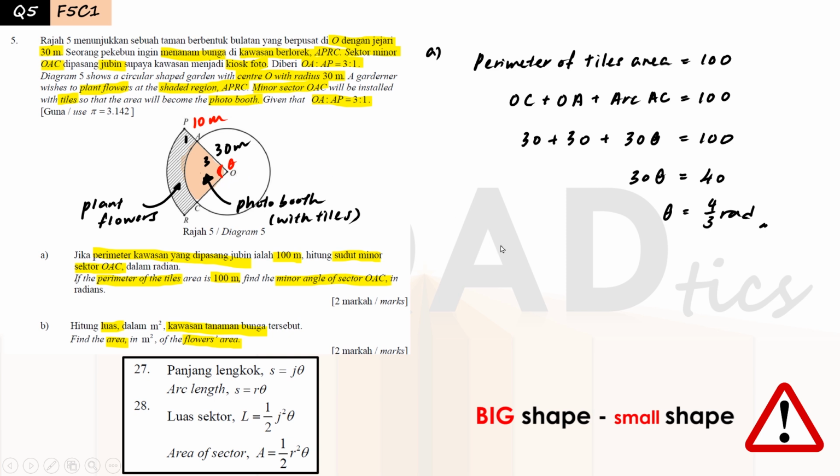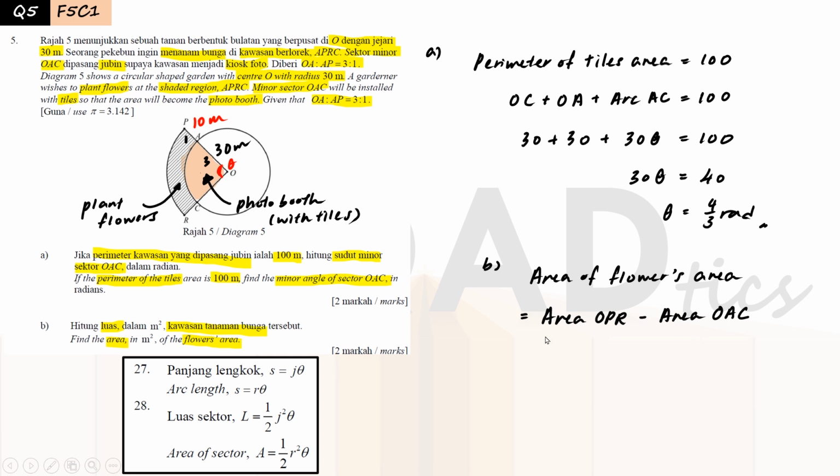So to find the area of the shaded region, or the flowers area, it would be the area of sector OPR, the big sector here, minus the area of the small sector OAC. To find the area of OPR, it's 1/2 multiplied with the radius of the sector, which is 30 plus 10, so it's 40 here, and we need to square it, then multiply with theta, which is the answer we got in part A, 4/3.